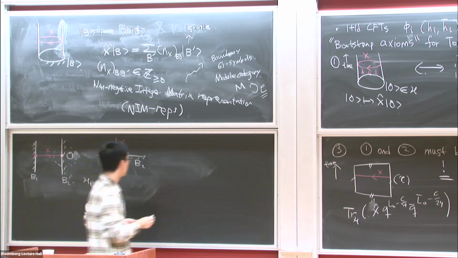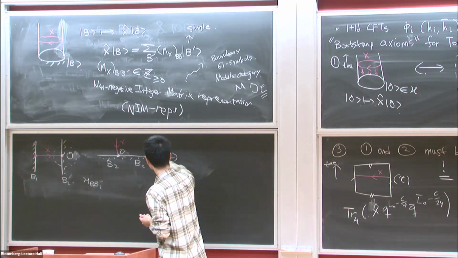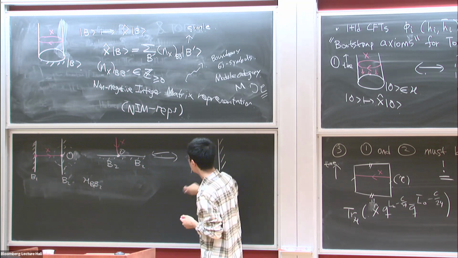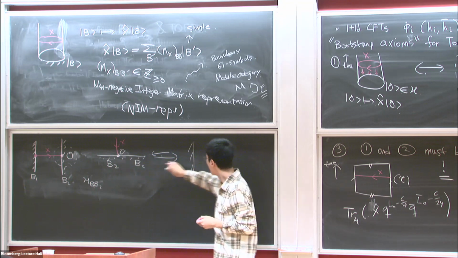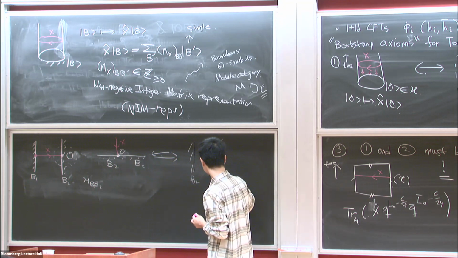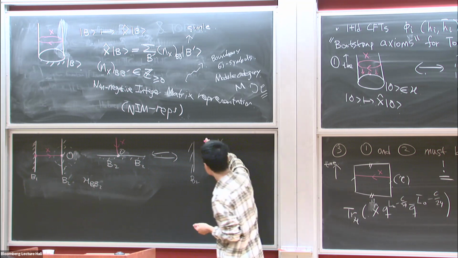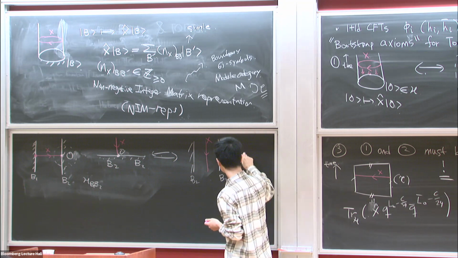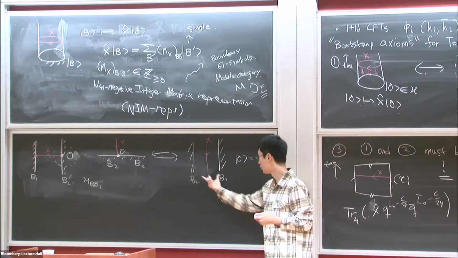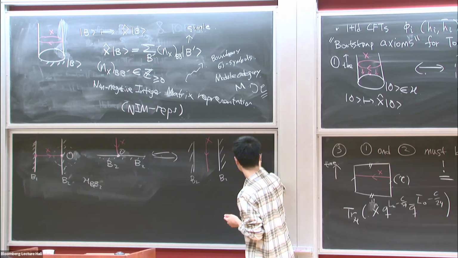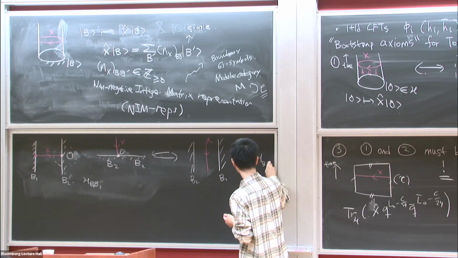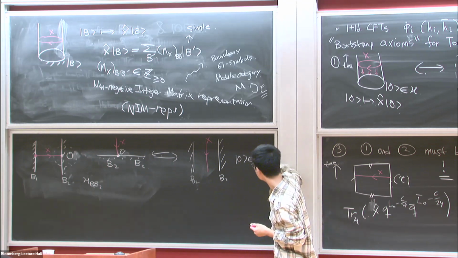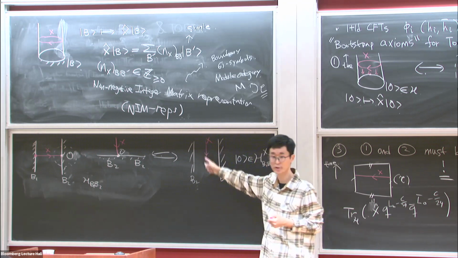If you perform a state-operator correspondence, then this operator O maps to a state inside the Hilbert space where you have an interval with conformal boundary conditions B2 and B2, but in the middle of the interval, you have this topological defect sitting there.